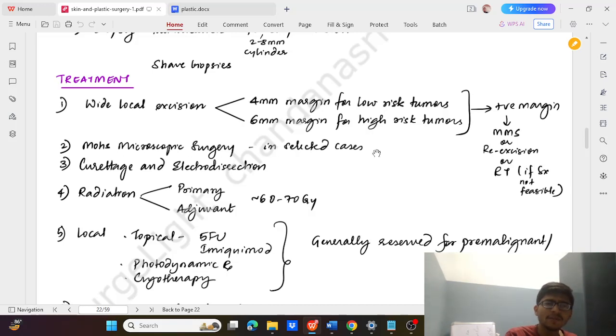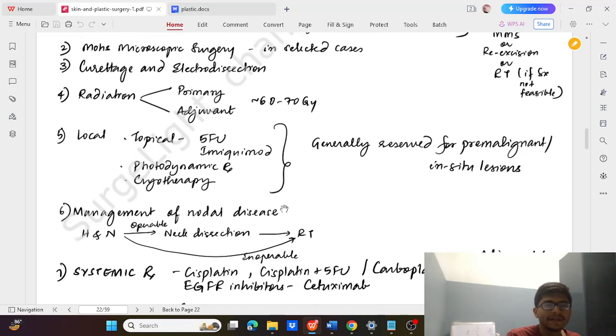This is especially useful for recurrent cases, large lesions in the vital areas, the central part of the face, that is the H area. Other options are curettage and electrodesiccation, radiation, primary or adjuvant, and local therapy with topical 5-fluorouracil or imiquimod.